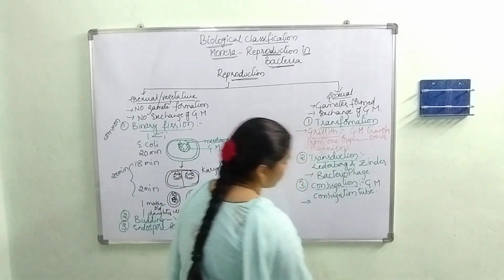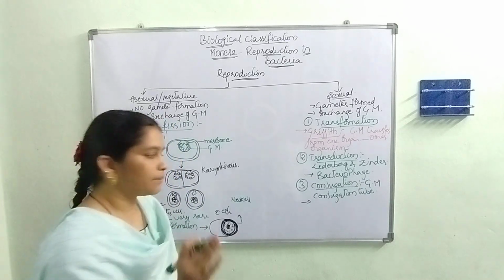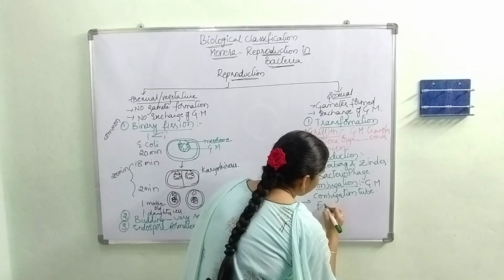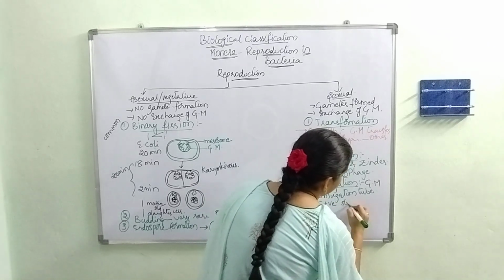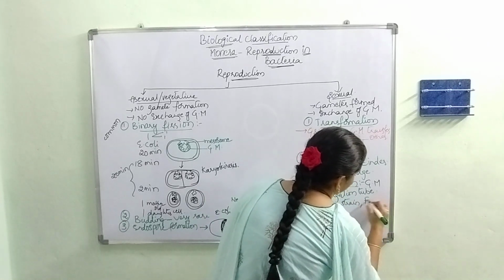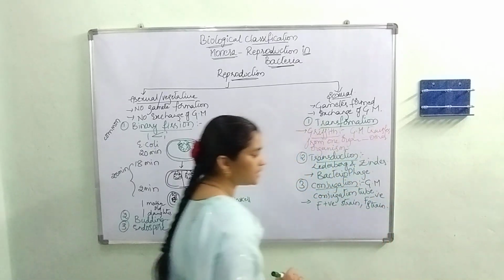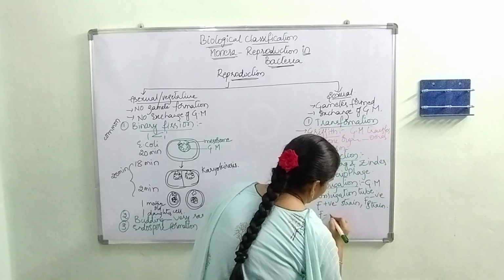In this conjugation process, the cells are designated as F positive strain and F negative strain. And F stands for fertility factor.